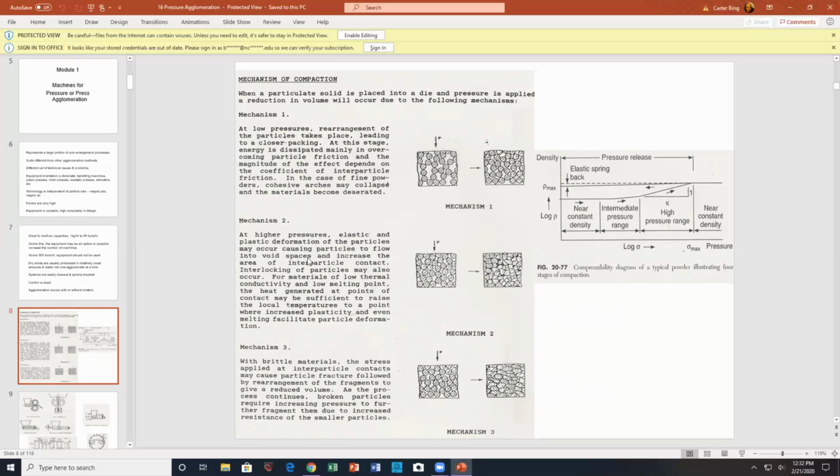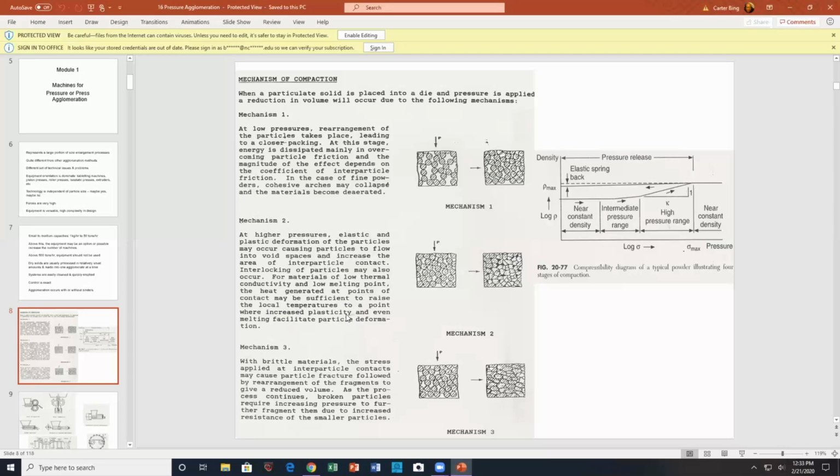Now you continue on with pressure. This would be the intermediate pressure range over here. At higher pressures, elastic and plastic deformation of particles may occur, causing the particles to flow into void spaces and increase the area of interparticle contact. Interlocking of the particles may also occur. For materials of low thermal conductivity and low melting point, heat generated at points of contact may be sufficient to raise the local temperatures to a point where you have increased plasticity.